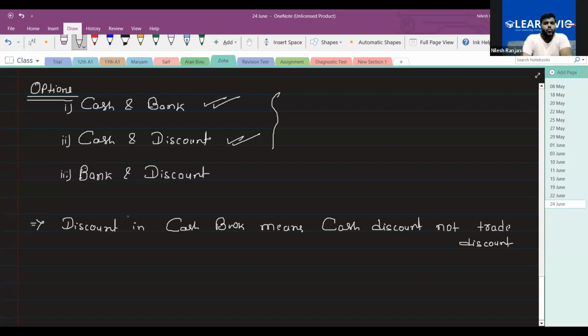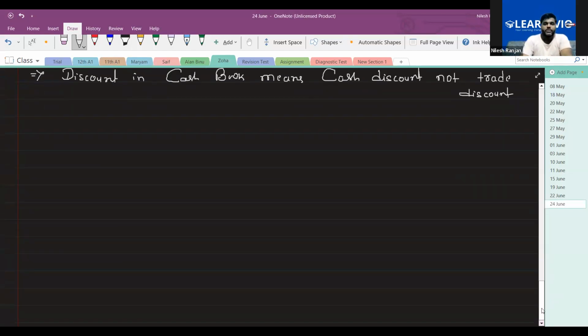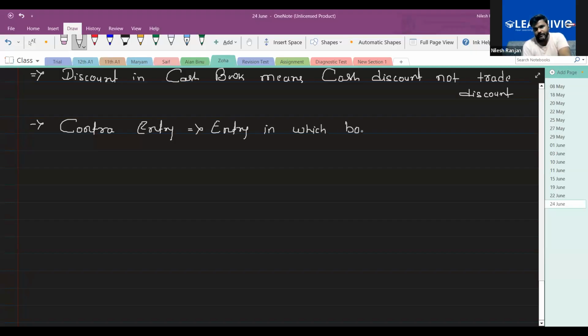Now, there is one entry that is called contra entry. Contra entry means an entry in which both sides are either cash account or bank account.